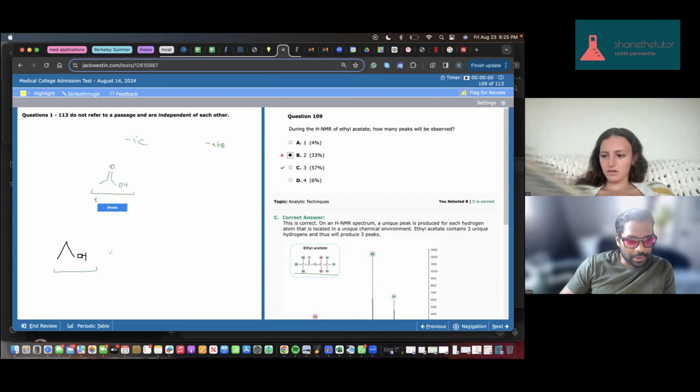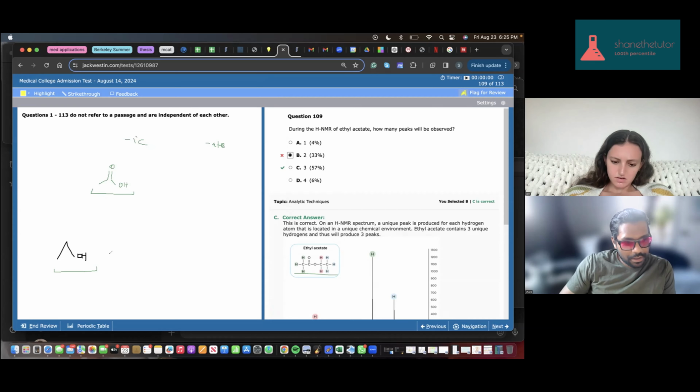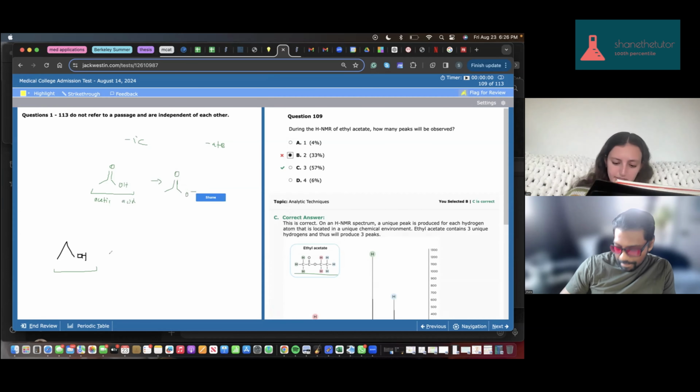So this is acetic acid, and when it gets deprotonated, it becomes acetate. Exactly. Yep.